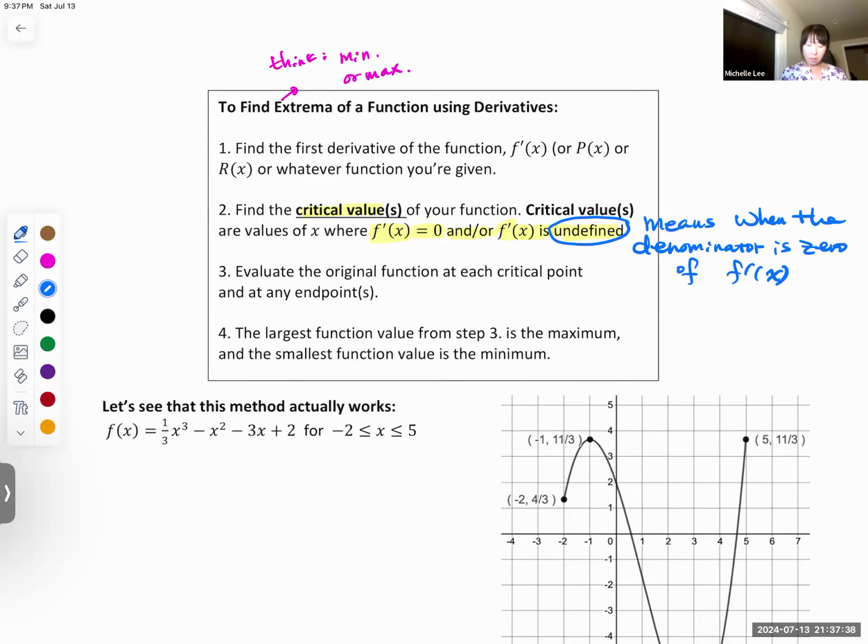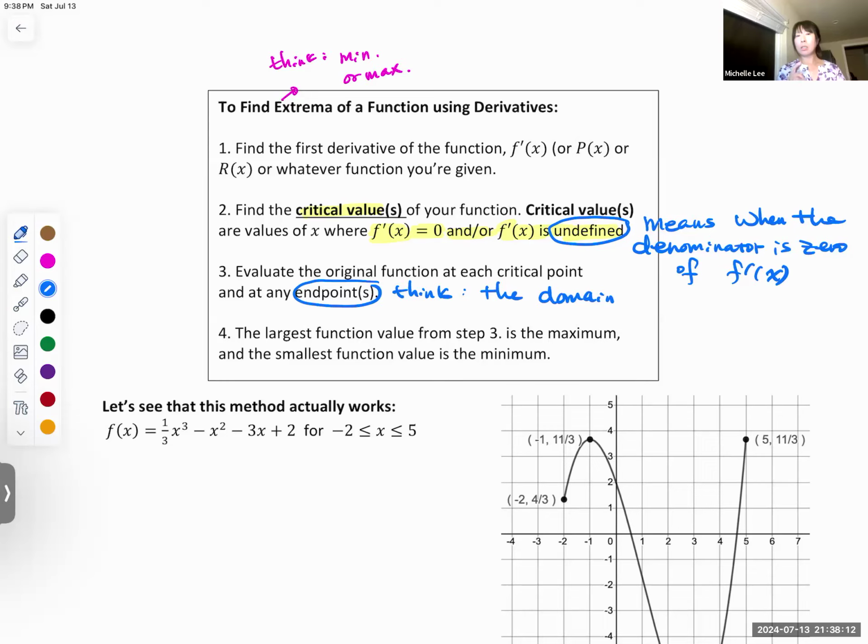Step 3, we evaluate the original function at each critical point and at any endpoints. Think about domain. How do you find the critical point?